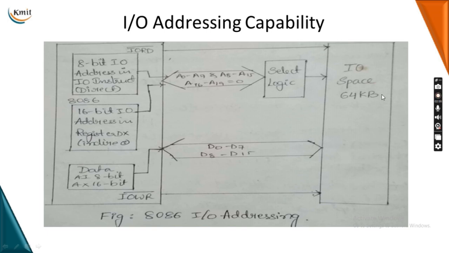This is the IO space where you can store the data for the IO part, which is 64 kilobytes.